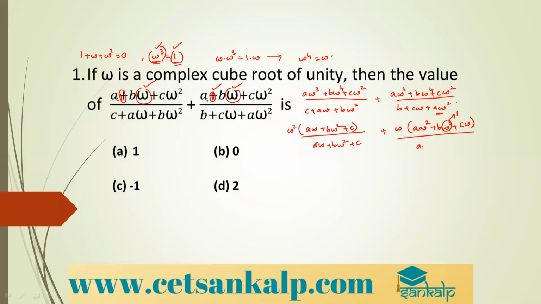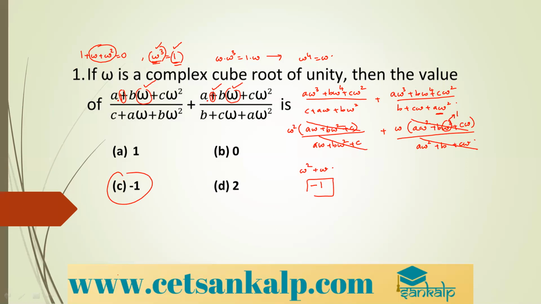Down also I have the same aω² + b + cω. So that I can cancel these two and I can cancel these two. So left is ω² + ω. And then from the first formula I wrote, ω² + ω can be written as minus 1. So the final answer will be minus 1. You can go to option C.